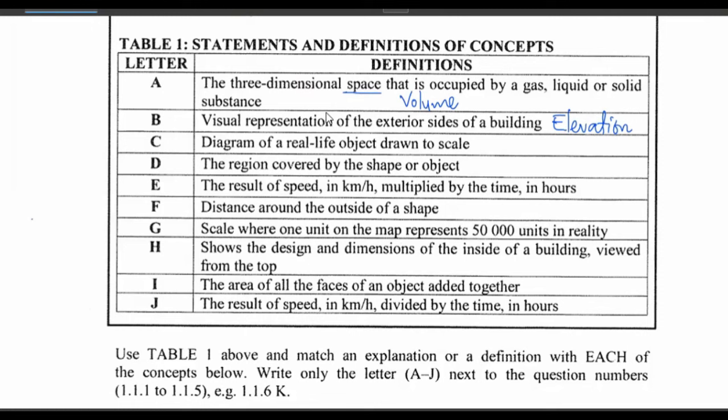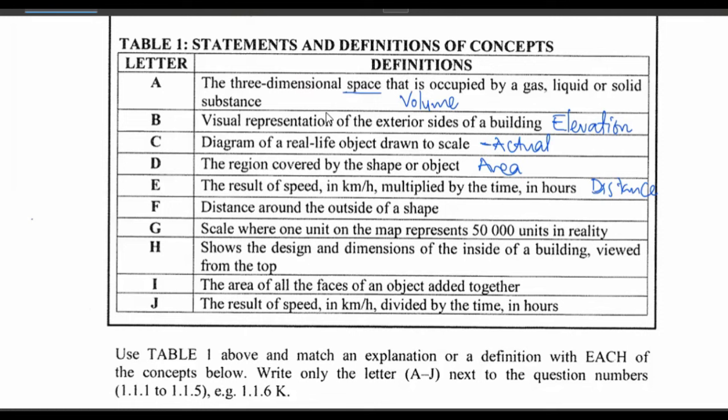A diagram of a real life object drawn to scale. Maybe an actual diagram of an actual object. Anyway, the region covered by a shape or object is area. Then a result of speed in kilometers per hour multiplied by time is distance.